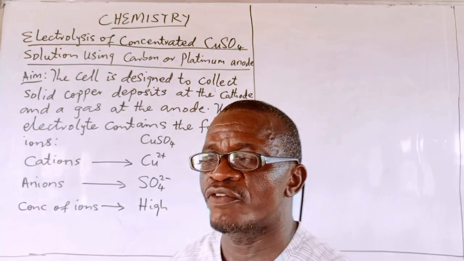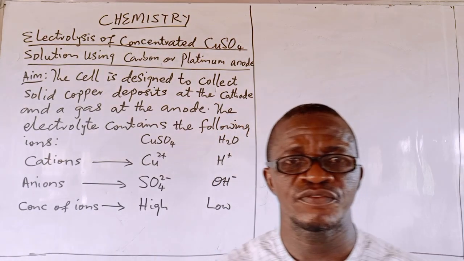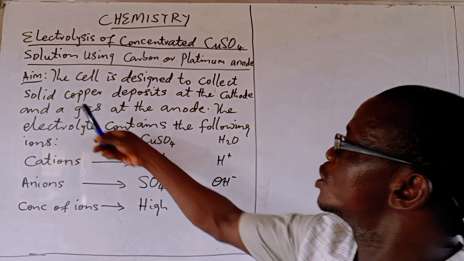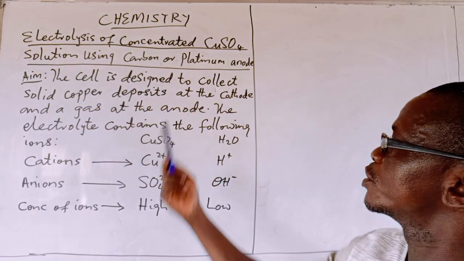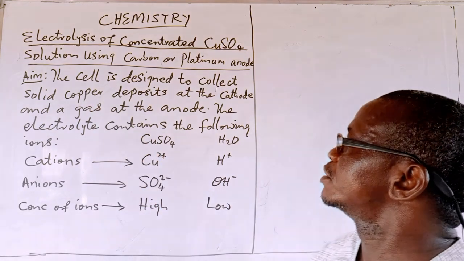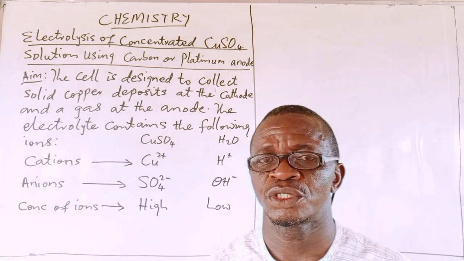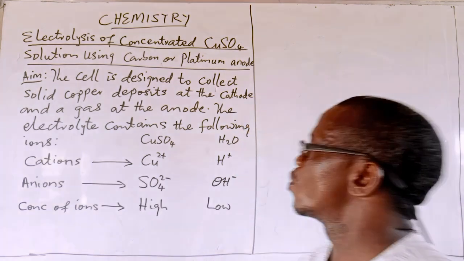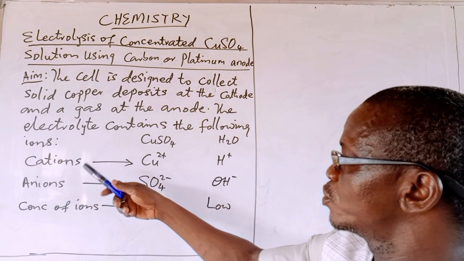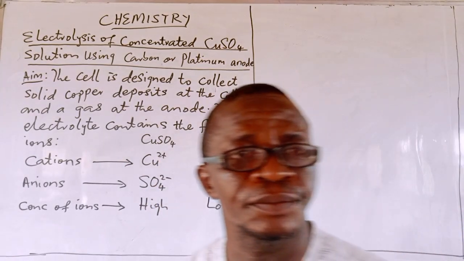The aim of this electrolysis is to deposit copper, solid copper, from the solution, and the gas. So we are going to see how it can be done.